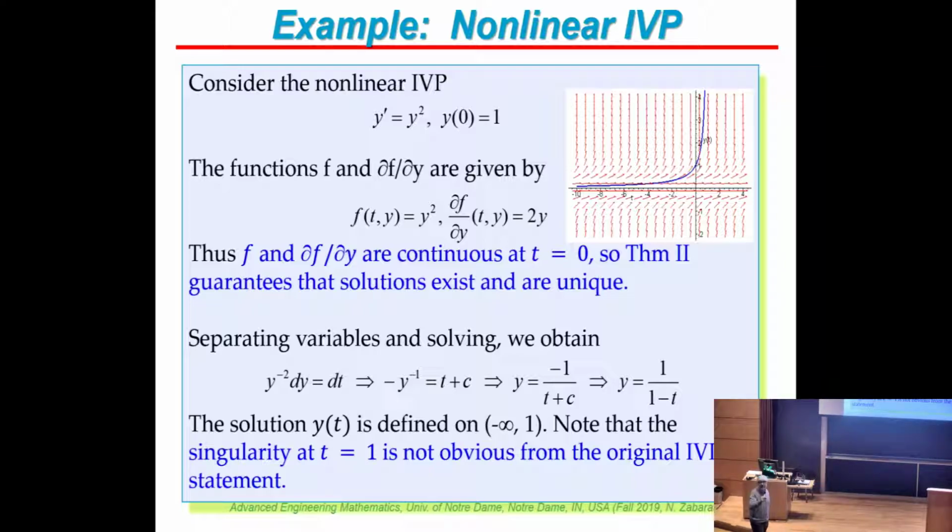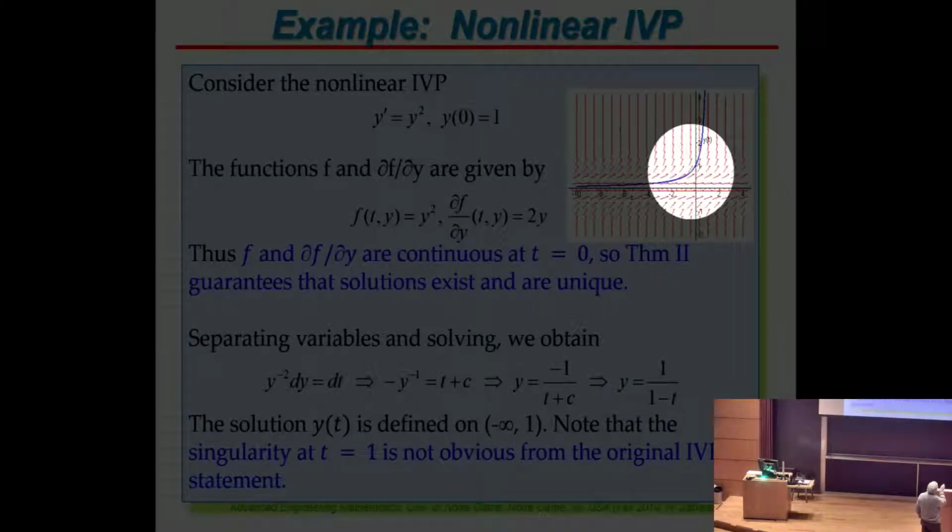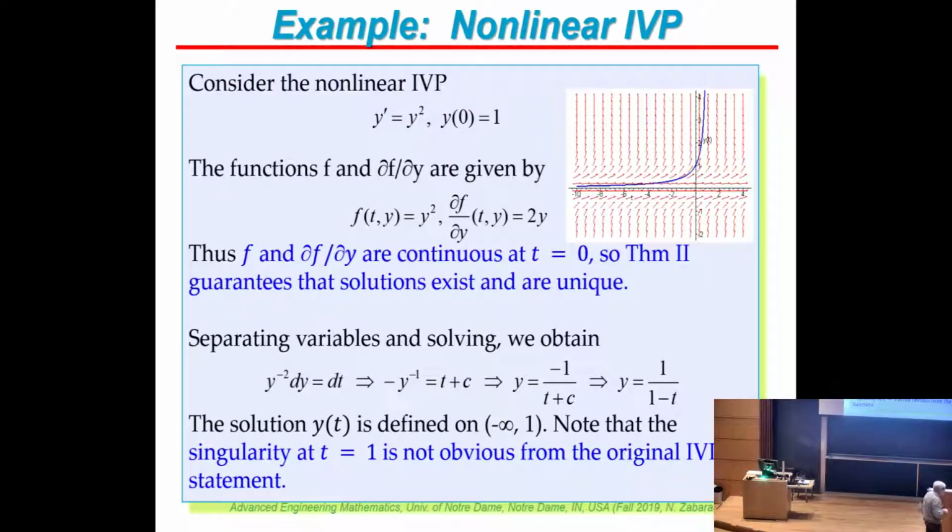How big that interval is going to be, to say with confidence that this has a unique solution, you just don't know. Of course, if you can guarantee a solution on this interval, maybe you can start pushing it further and further, moving the window with different initial conditions.